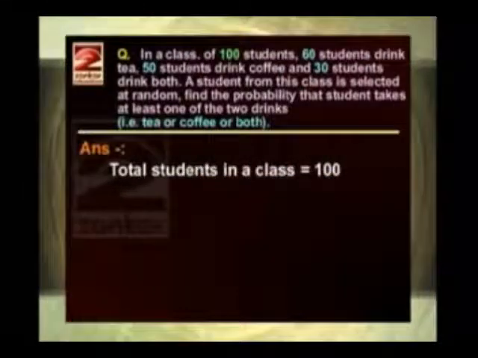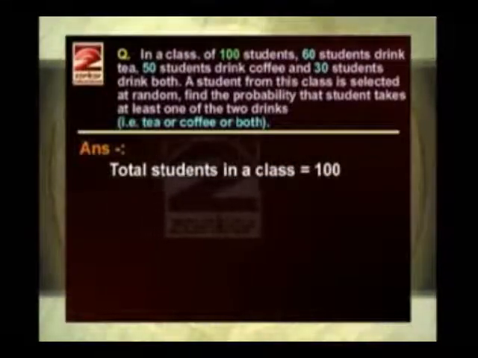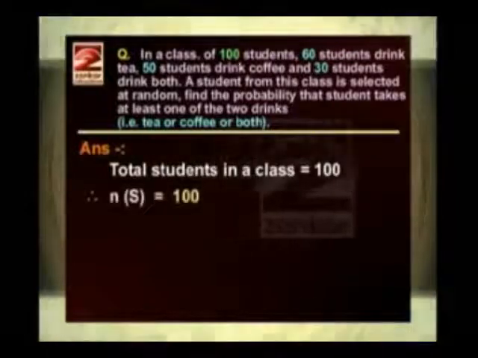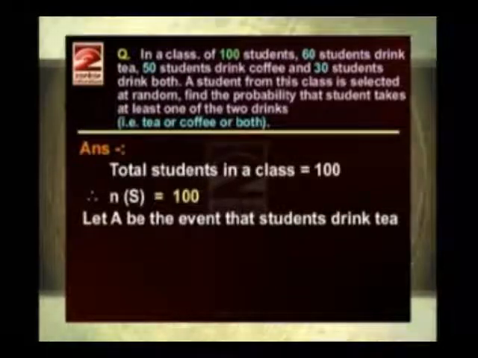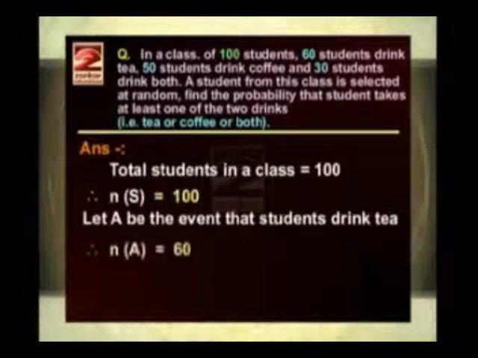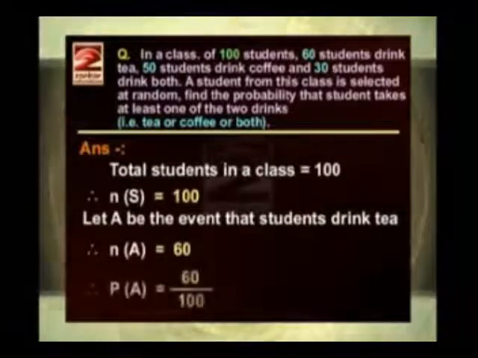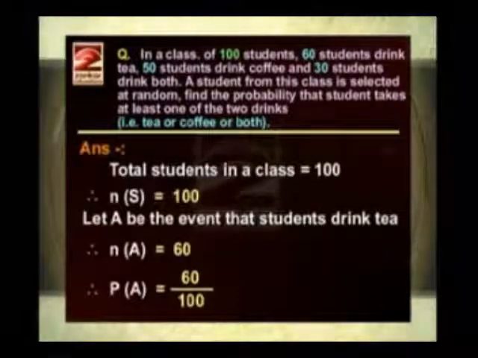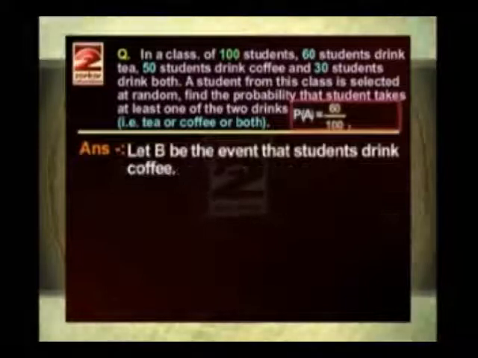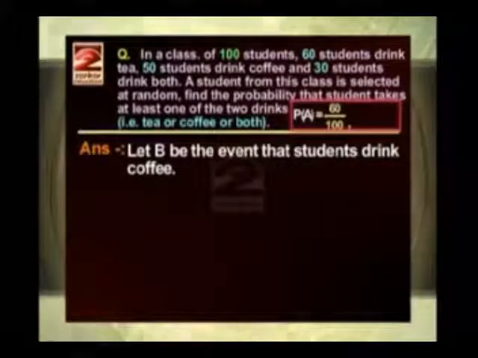Now the total students in the class is equal to 100 and therefore n(S) is equal to 100. Let A be the event that the student drinks tea. Therefore, n(A) is equal to 60. Therefore, P(A) is equal to 60 upon 100. Let B be the event that the student drinks coffee.